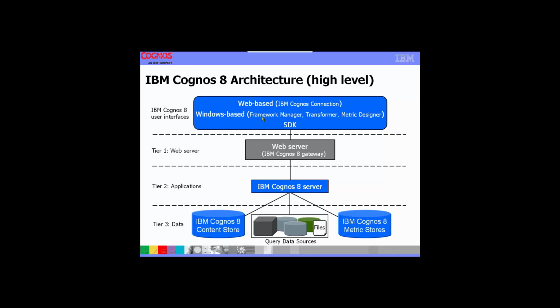Now, Framework Manager is a Windows-based application. If it's installed on a machine that's behind the firewall, you can actually bypass the web server and communicate directly with the dispatcher or a Cognos 8 BI server. And that's about as deep as we're going to go into architecture.